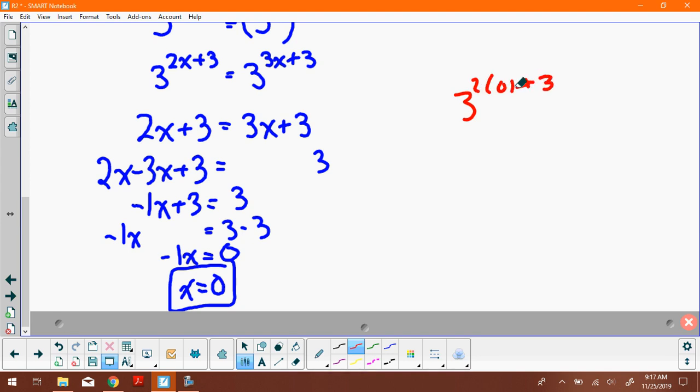I wouldn't ask for it on a test, but I have 0 plus 3 is 3, that equals 27. It's good for you, if you have time, to check and see if you got it right. On the other side, I originally had 27 to the x plus 1, so 0 plus 1. So that's 27 to the 1, which is 27.